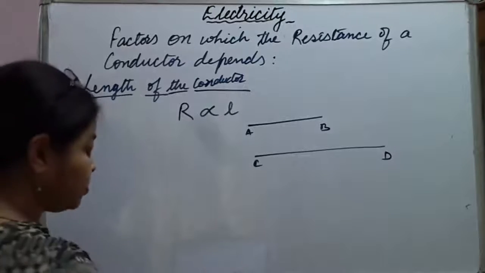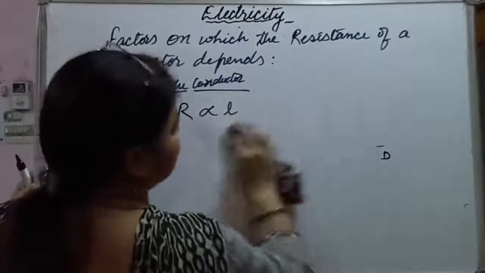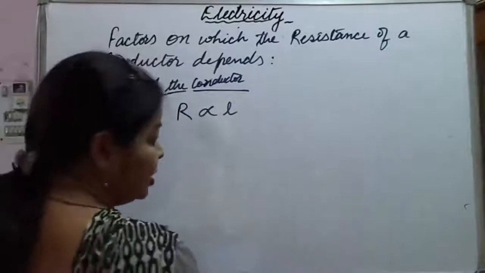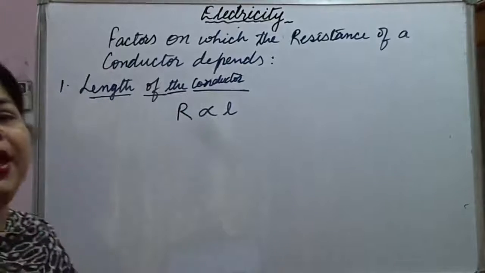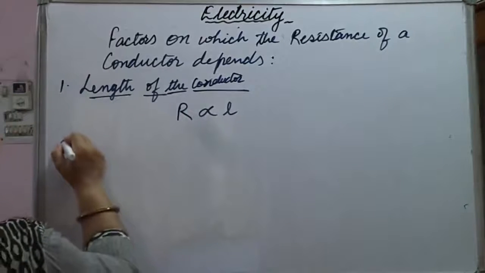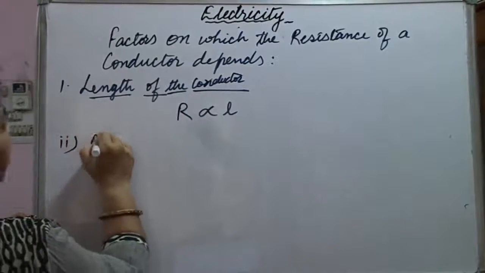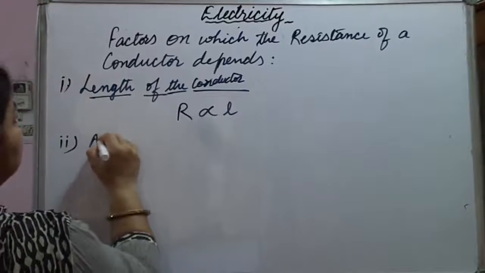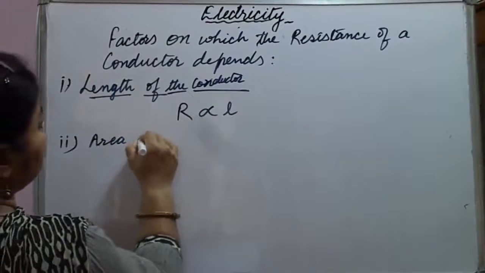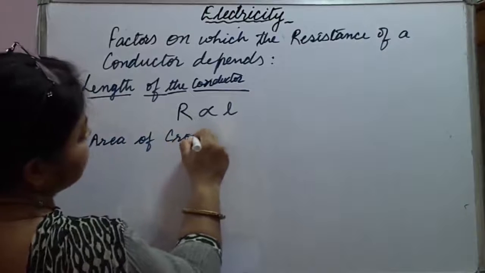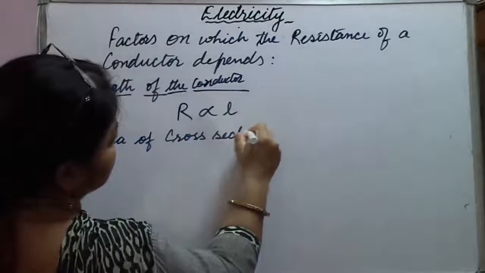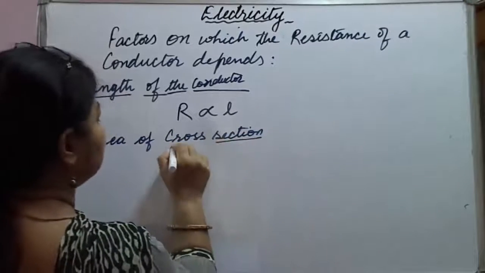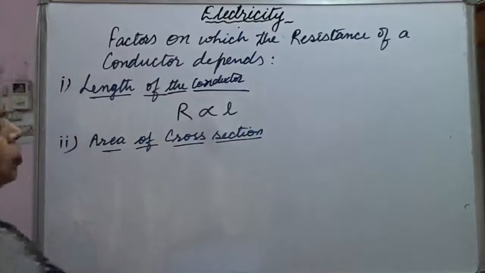Okay. So this was about the length of the conductors. The next is area of cross section. Okay. Second one, area of cross section. What do you mean by area of cross section?